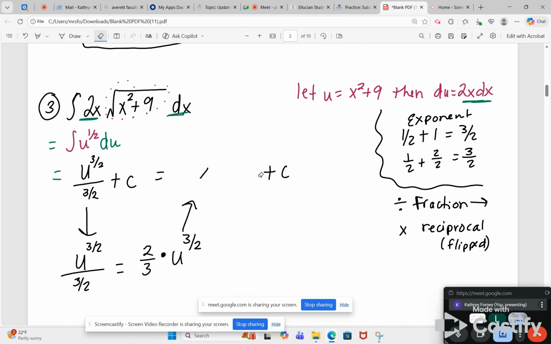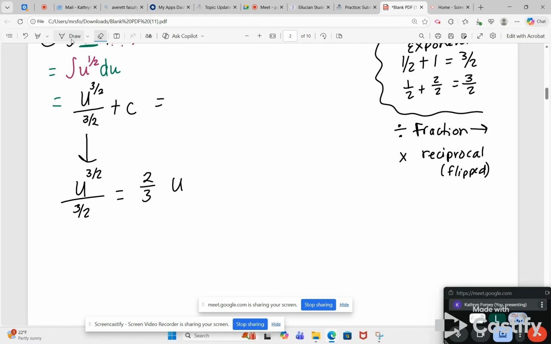When you divide by 3/2, that's the same as multiplying by the flipped fraction.